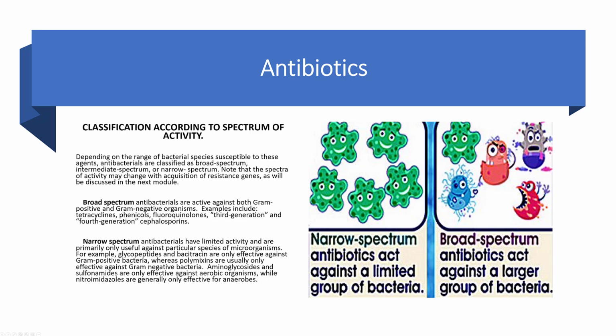And so they can start at least a treatment, and then once more information is determined, then we can switch to a narrow spectrum antibacterial that is useful against a particular class of microorganisms that we know are causing the problem.